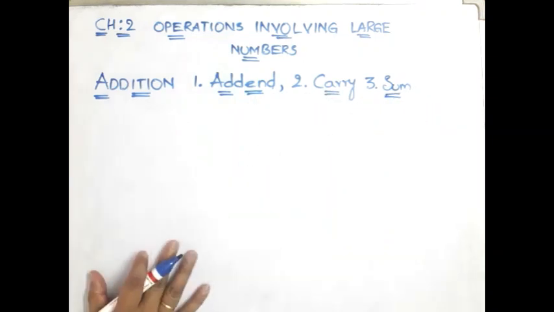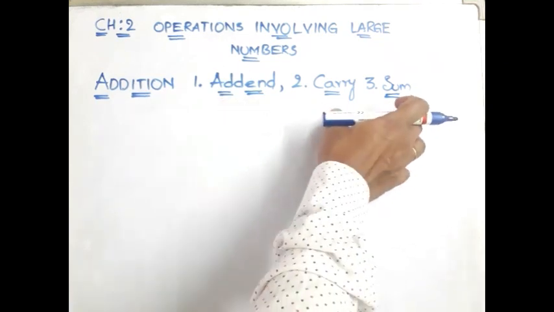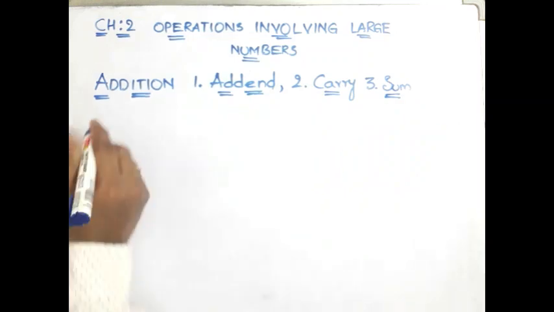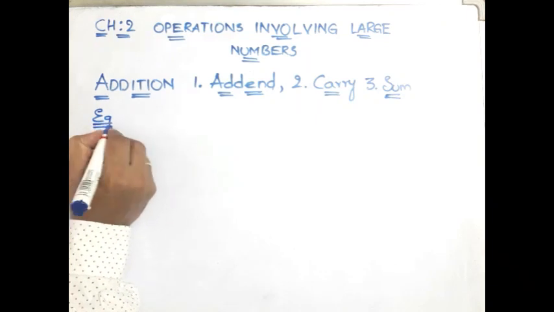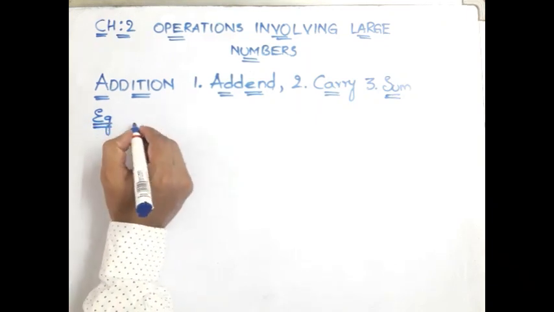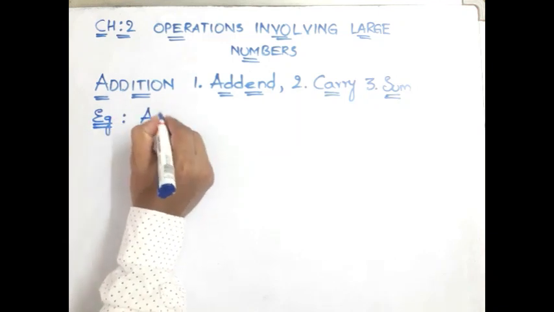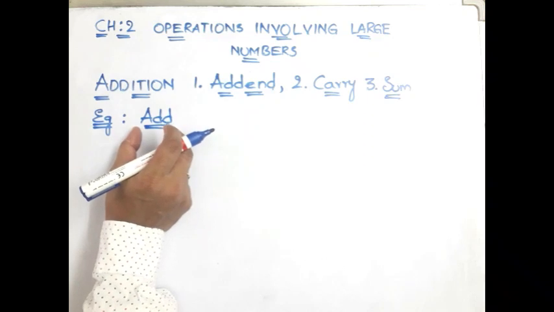Okay. Usually finding addition is quite important, but these terms will come under blanks and MCQs, so please understand them carefully. So to make it clear with these terms, I am taking an example. Look, add. As you know, it is short for addition.